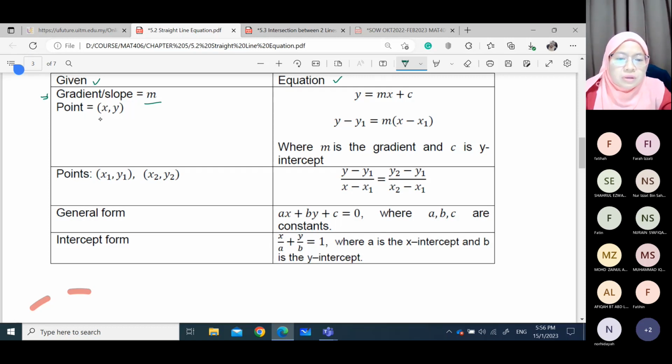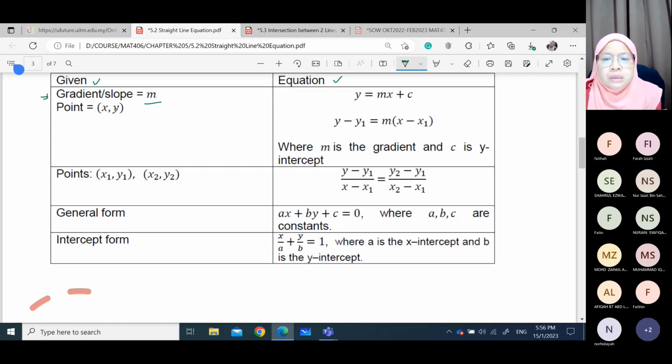So point in terms of x, y. So this is a coordinate. Point x maksudnya adalah point pada titik x dan y adalah point pada titik y. Itu adalah pada paksi y. Pada paksi x dan kepada paksi y itu adalah point.